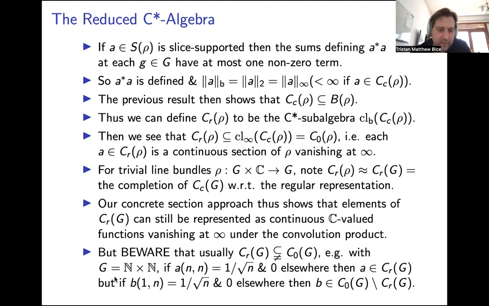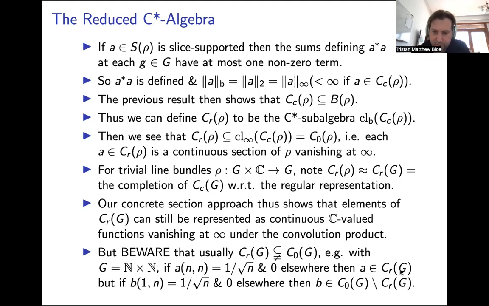So if we go back to this example that I mentioned some time ago, where you were looking at just this groupoid consisting of all pairs of natural numbers, so that your sections in this case are basically just infinite complex valued matrices, then you can consider one section where you set the matrix to be 1 over root n along the diagonal and 0 everywhere else, and you will indeed get an element of the reduced groupoid C-star algebra.